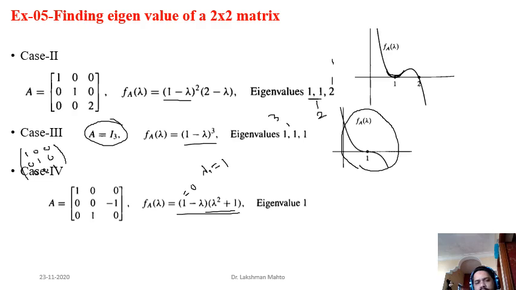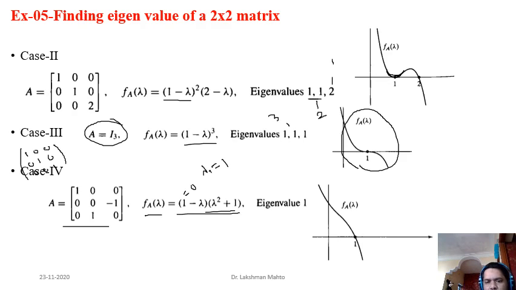So this matrix has only one real eigenvalue. And what is its algebraic multiplicity? One, because it comes only one time. If you graphically visualize this characteristic polynomial, it would be like this. You don't observe any cubic pattern in the neighborhood of 1, because the algebraic multiplicity of 1 is 1.